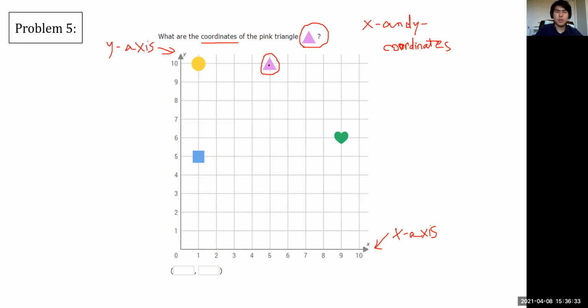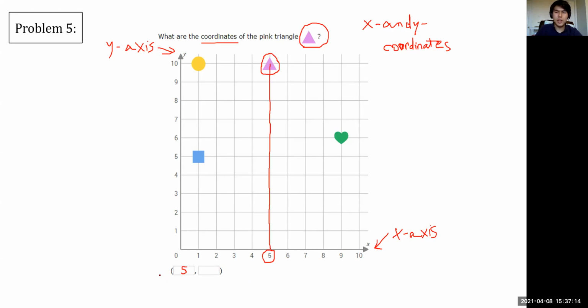Okay, I'm going to draw a straight vertical line from the pink triangle all the way down to the x-axis at the bottom in order to find its exact x-coordinate. We land at 5. 5 is the number on the x-axis that corresponds to the position of the pink triangle on the coordinate plane, which means that 5 is our x-coordinate.